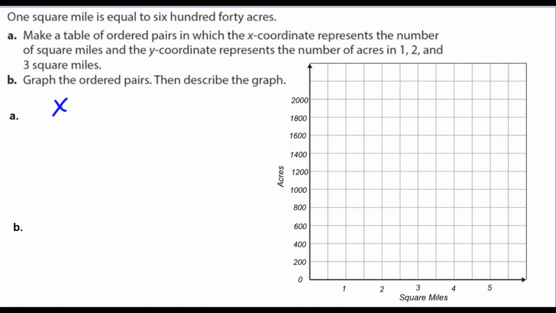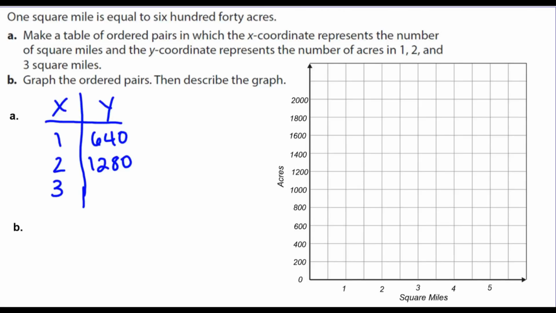So for part A, I'm going to make my table of values, and we want 1, 2, and 3 square miles. So 1 square mile is equal to 640 acres. 2 square miles would be 1,280 acres, or 2 times 640. And then 3 square miles would be 1,920 acres, or 3 times 640.